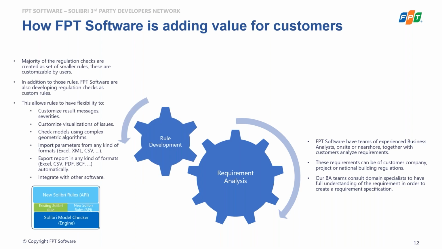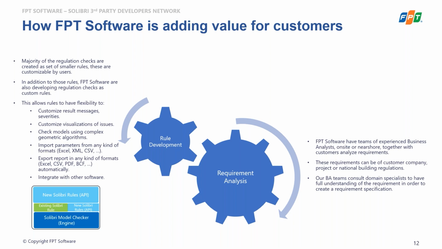Moving on to rule development, the way we work is that the majority of the regulation checks are created as a set of smaller rules that are then customizable by users. In addition to that, of course, FPT Software are also developing regulation checks as custom rules.